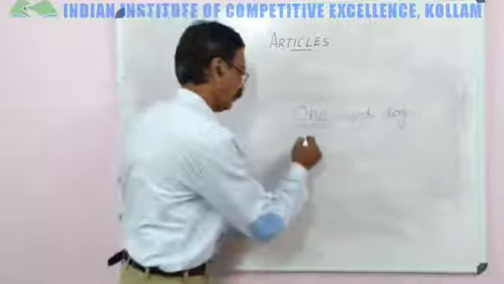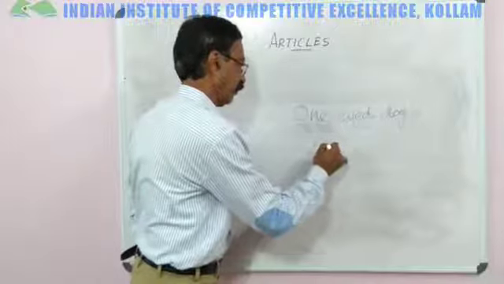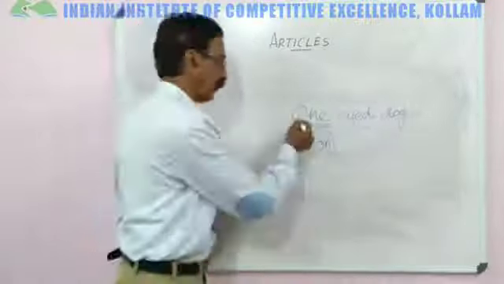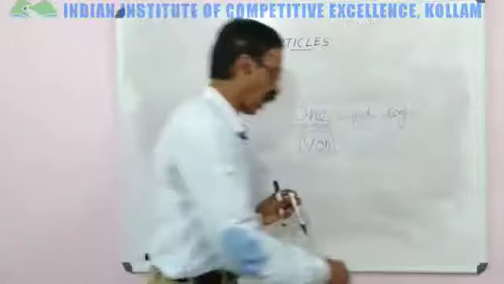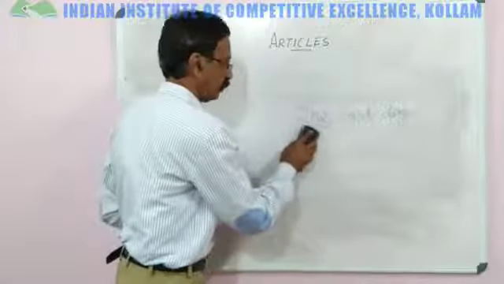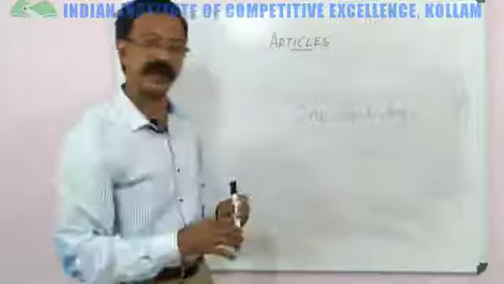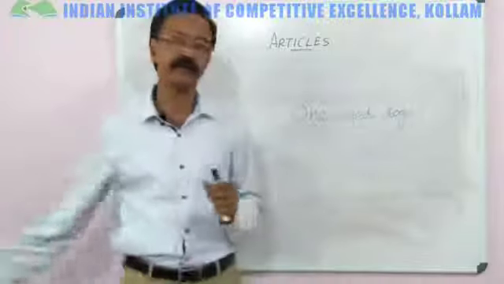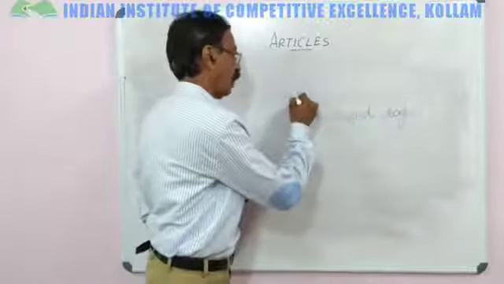It is one. The first sound is wa. It is one. So now you are clear. You understand? An or a, as it is wa.